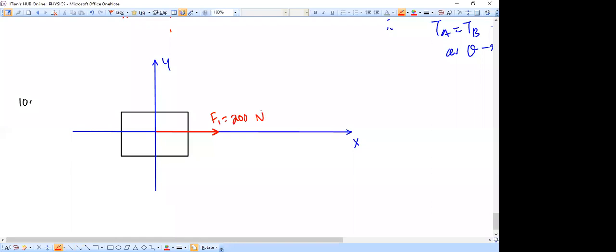Now there is some other force F2 which we don't know about, but we are also given the acceleration vector. So first of all, there are only two forces, F1 and F2 acting on the block. F1 is shown to you, F2 we have no information about, but we also know that the acceleration of the block is a vector like this.